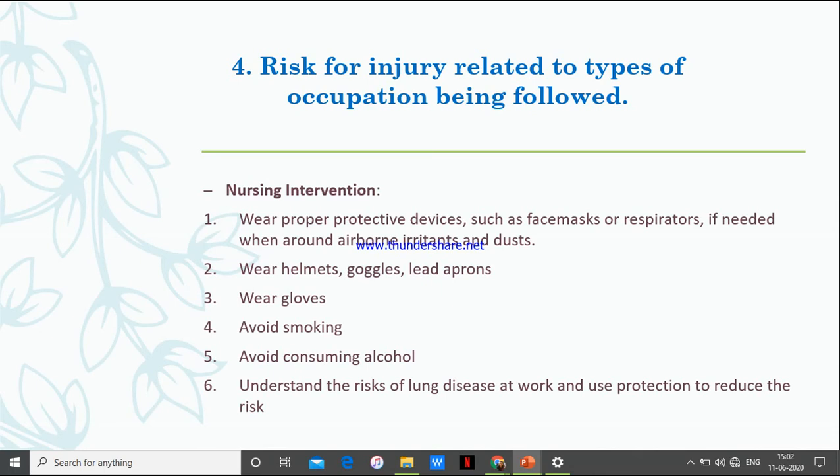Then wear gloves, avoid smoking, avoid consuming alcohol, and understand the risk of lung diseases at work and use protection to reduce the risk. These are some of the preventive measures that we have to explain to the patient to prevent the risk of injury.